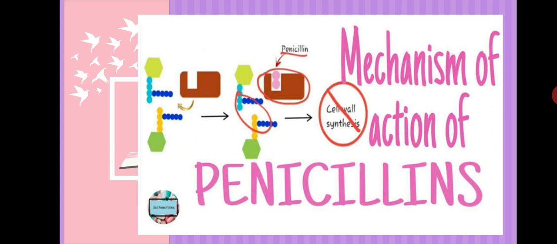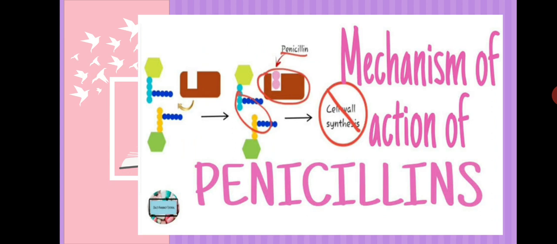For the mechanism of action of penicillin, when it is administered orally or via injection, it will bind and inactivate the penicillin binding proteins on the cell wall of susceptible bacteria. After that, it will inhibit the transpeptidase and prevent peptidoglycan synthesis.